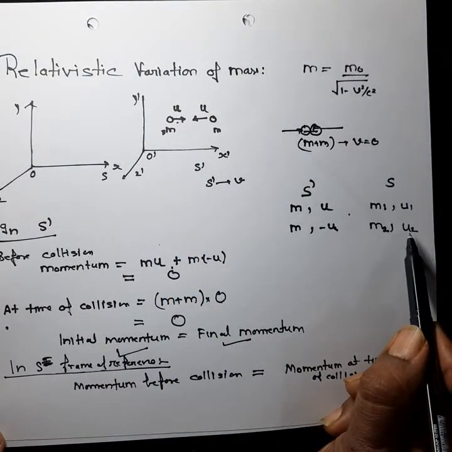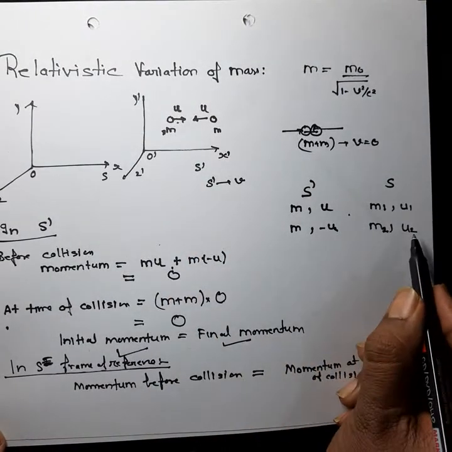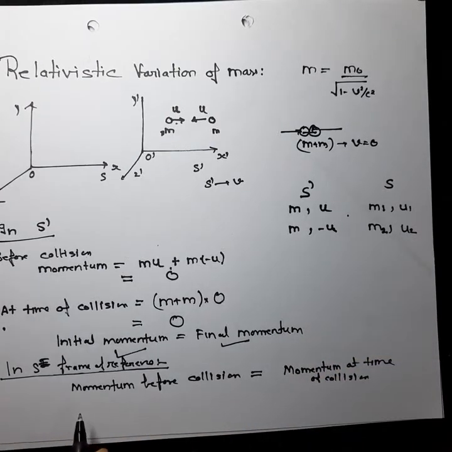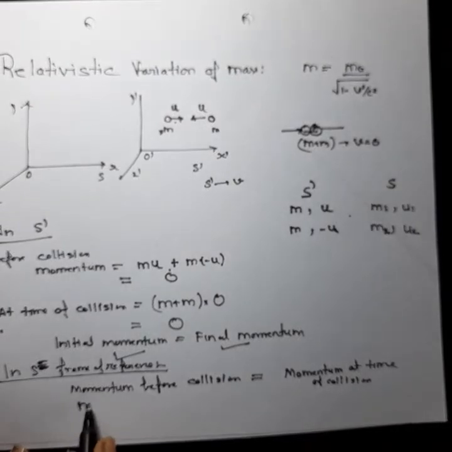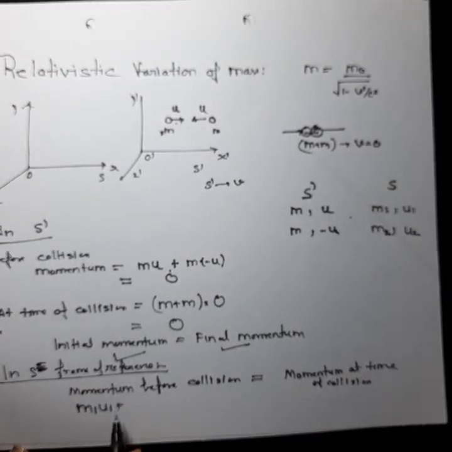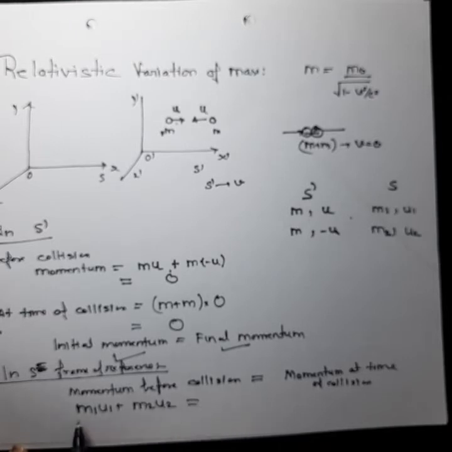We don't know what sign, so I will just write u2. So before collision we can write m1 u1 plus m2 u2. This is before collision.